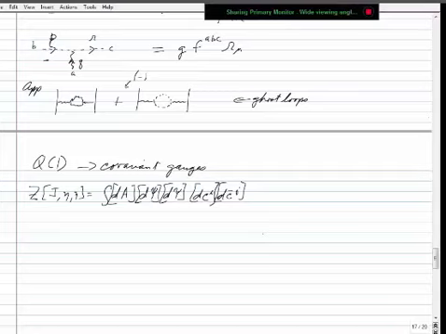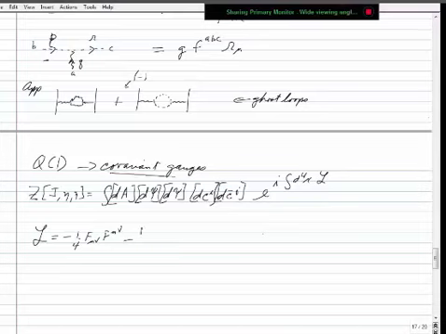So the most important application is in the vacuum polarization. Let's imagine I've got some loop like that. I have to add to this the ghost loop, with of course a minus sign that comes from there.